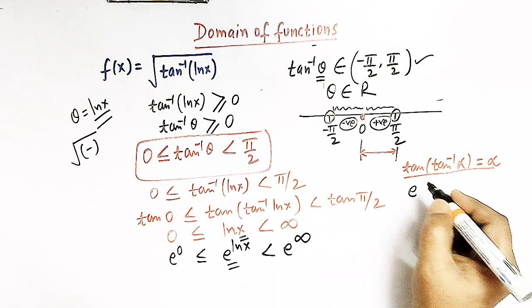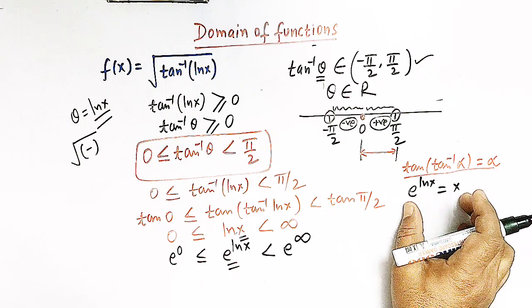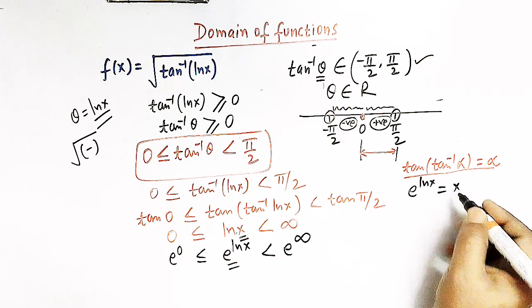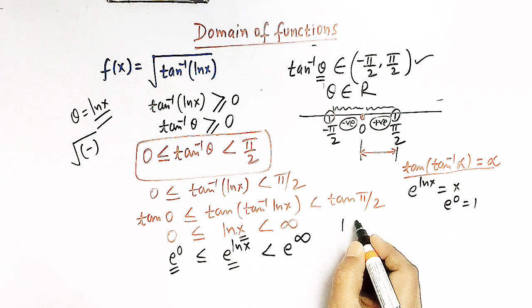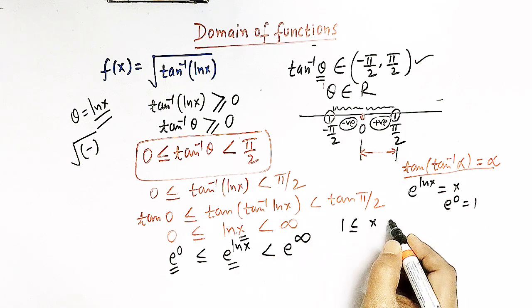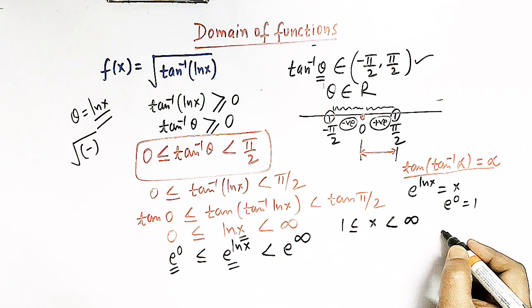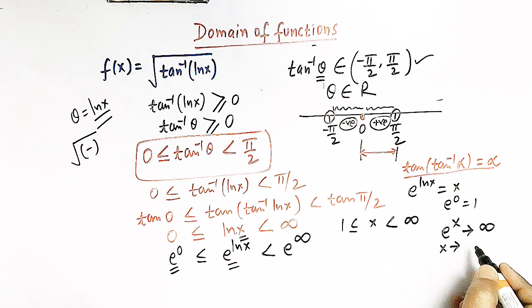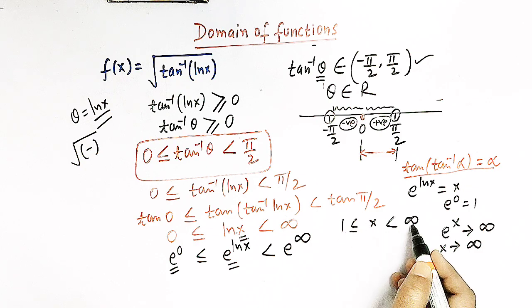Here e raised to natural log of x is simply x, a very famous result, and e raised to 0 is 1. And e raised to infinity is infinity, because e raised to x tends to infinity when x tends to infinity. So now we have x greater than or equal to 1 but less than infinity.